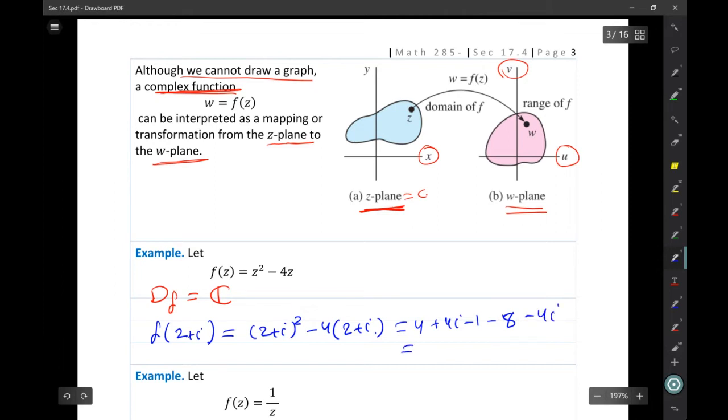So we can simplify this one: 4 minus 1 minus 8 becomes minus 5, and 4i minus 4i gives me 0. So this is equal to minus 5 plus 0i.